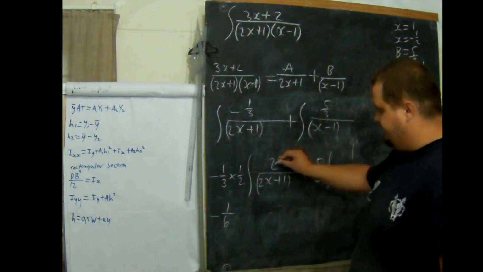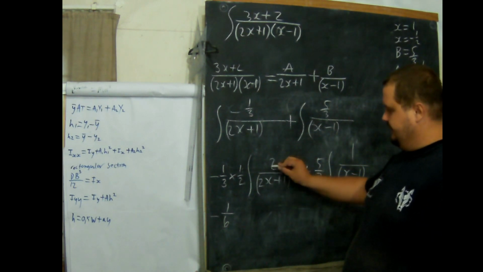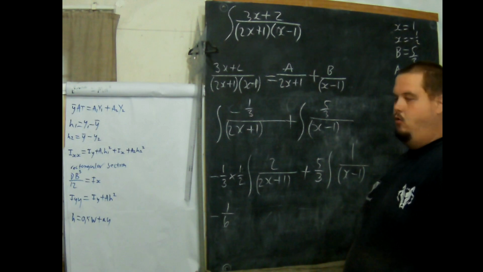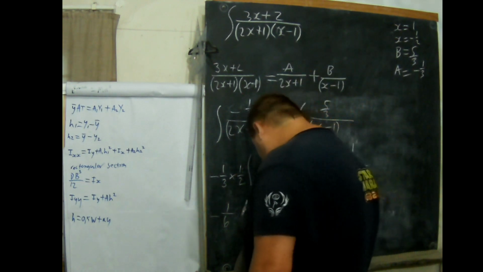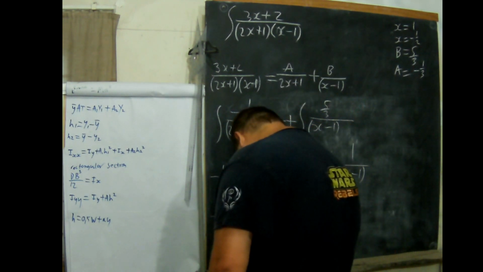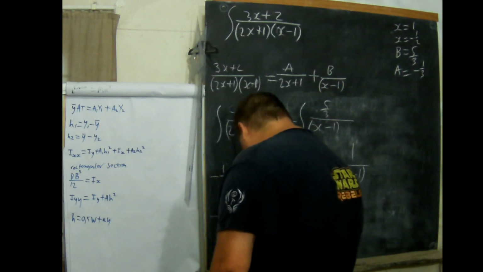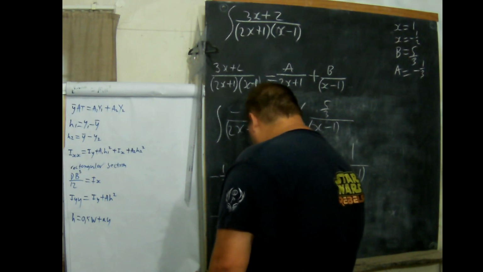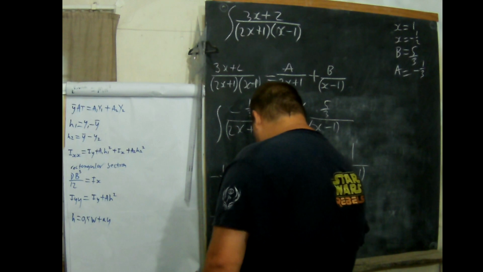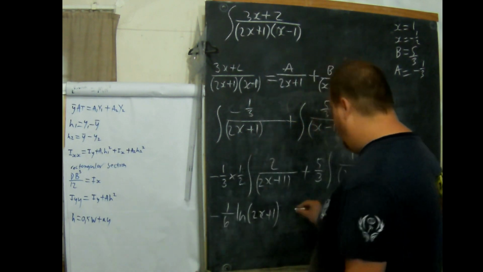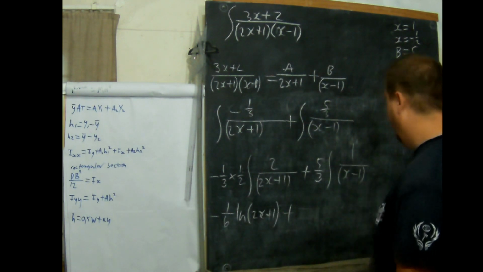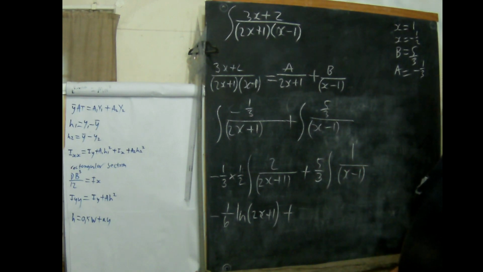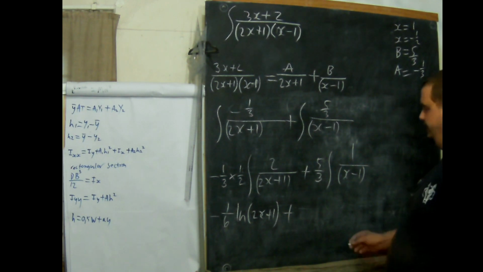Now since these have the same coefficients, we can easily say it is ln 2x plus 1 plus, now 1 over 1, that coefficient stays the same, so we don't have to do anything with it.